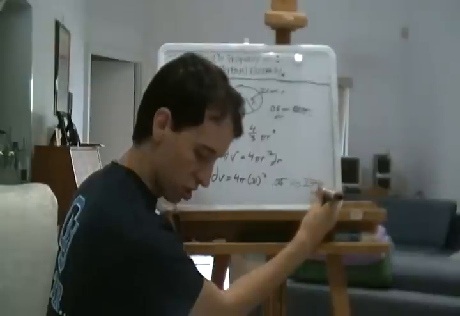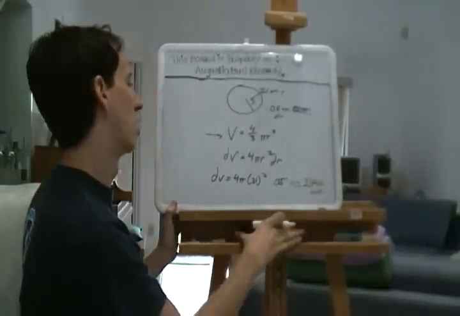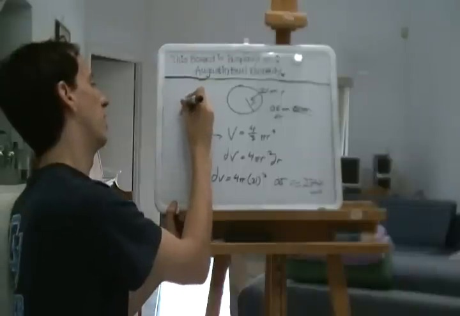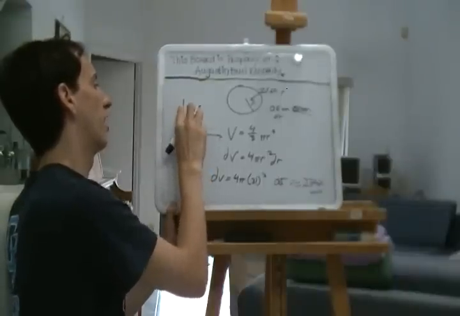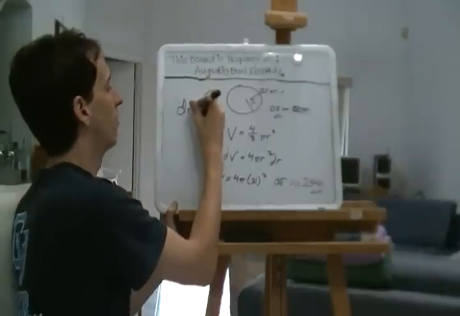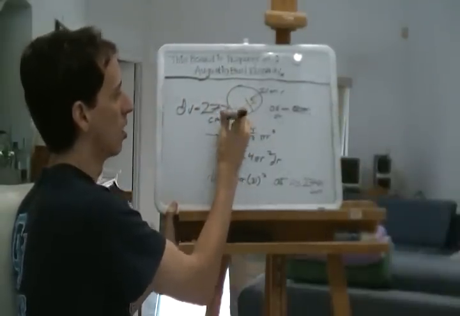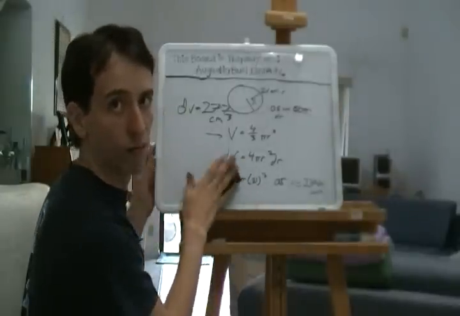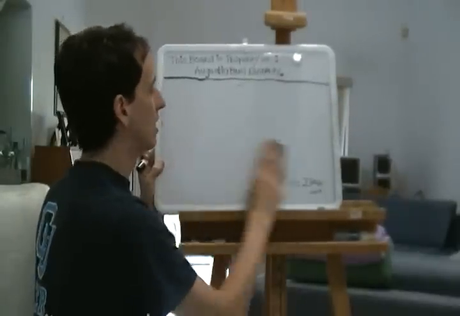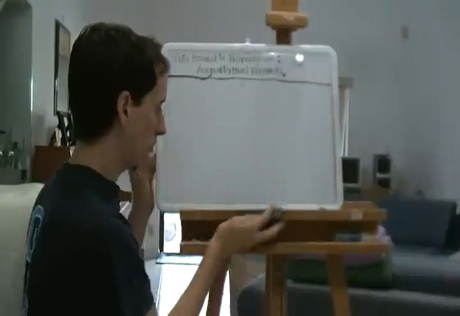That's centimeters cubed. So dV, marker's running out of ink, dV equals 277 cm cubed. Now, that's the error.